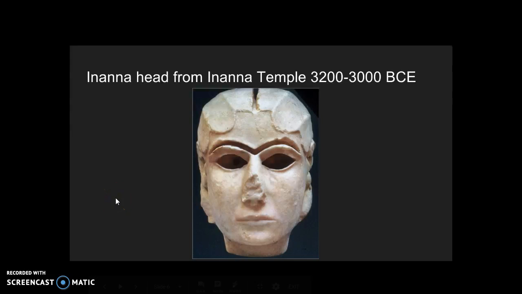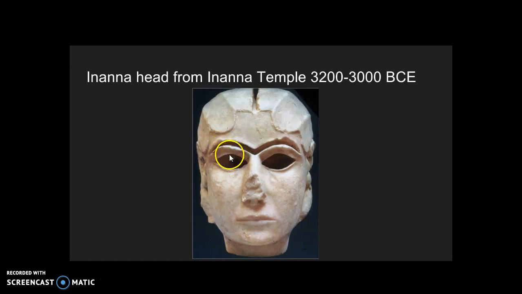The Inanna head from the Inanna Temple, 3000 BCE. This is something I want to show you because they think it would be a depiction of the goddess of love and war, Inanna, but possibly just a priestess.